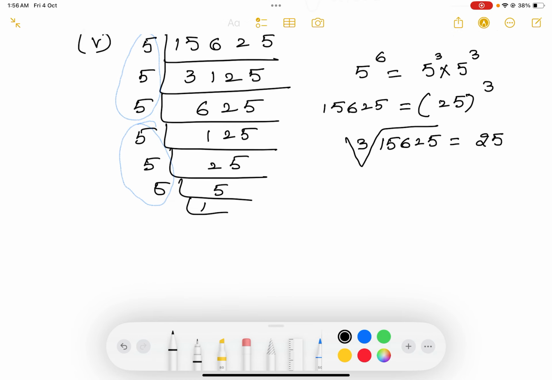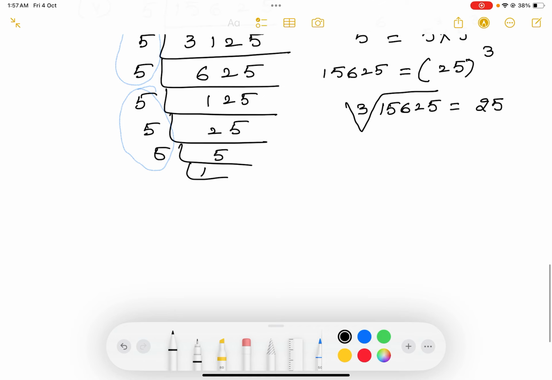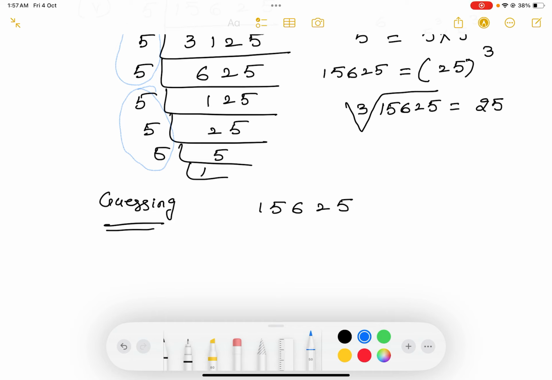Now here I want to explain to you the guessing technique, how to do this. The guessing technique is for 15625, because it's a bigger number I am giving you now. For this bigger number, what you have to do is take the last 3 digits always.